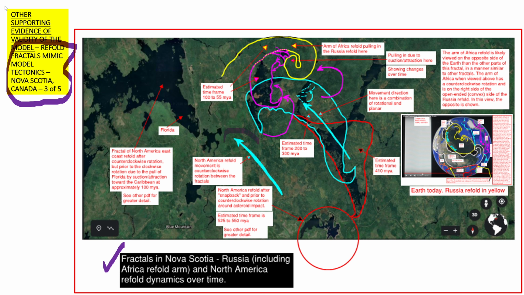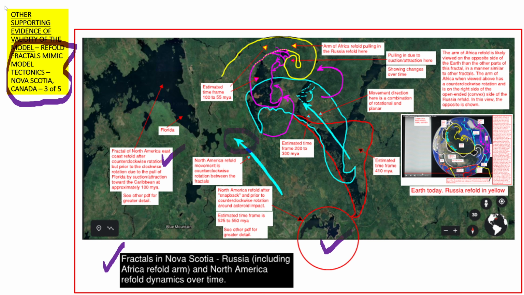This blue arrow shows a direction of advancement of time. And this one here that I'm checking is North America about 525 to 550 million years ago, and then it advances over here to where there is a 100 million year old fractal. And we showed the details of both of these, really.